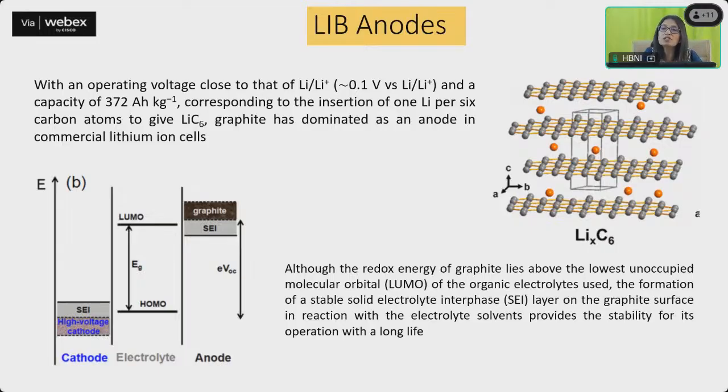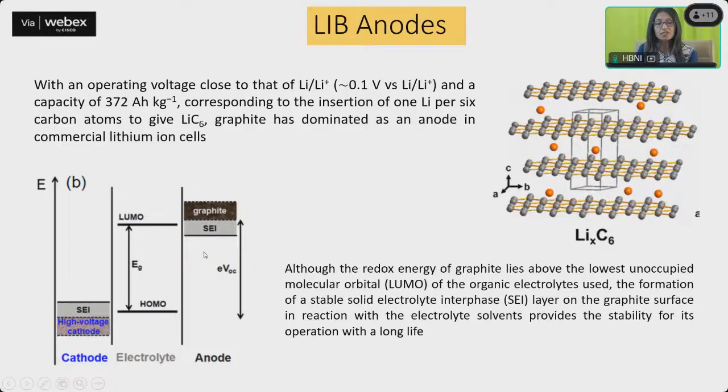And that is why for all the commercial lithium-ion batteries, we are using carbon or graphite as the anode material. So please understand that the redox energy of this graphite lies above the lowest unoccupied molecular orbital of the electrolyte, whatever electrolyte we are using right now, which is the carbonate solvents, and the salt is LiPF6. You see, this graphite is actually lying above the LUMO of the organic electrolyte.